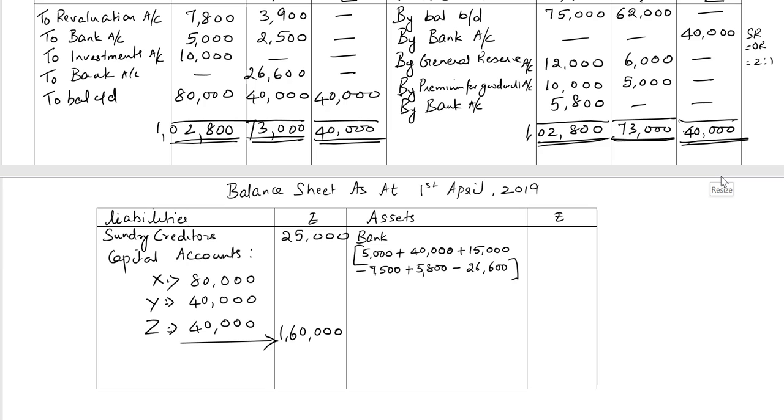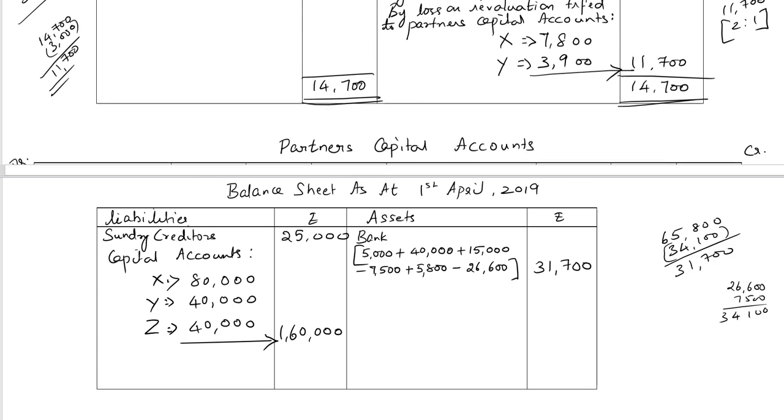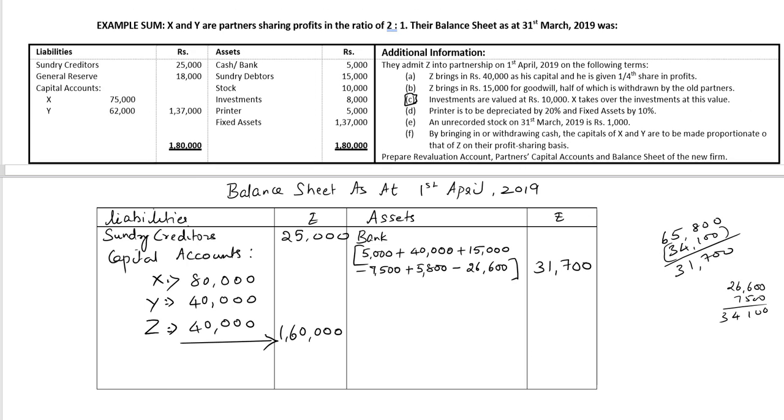The total of the adds 65,800 rupees and the total of the minuses 34,100 rupees. So we have 31,700 as the bank balance. We'll complete the other items on the asset side.